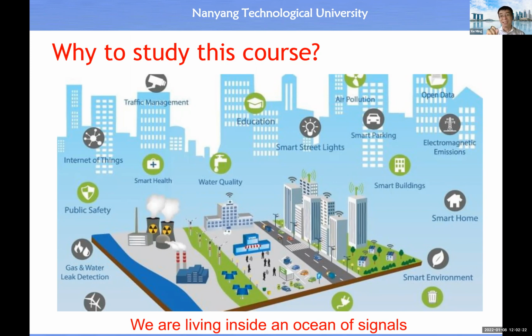Inside the Internet of Things, you understand that one of the two major devices is a sensor, or networked sensor. Therefore, the study of this course is extremely important, not only in industry, but also in society, right?